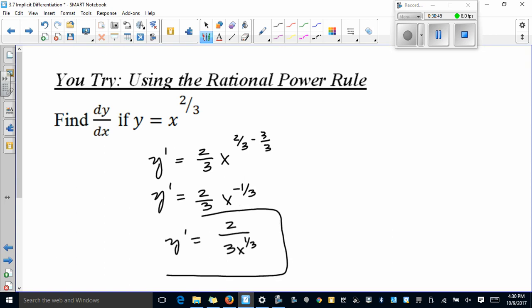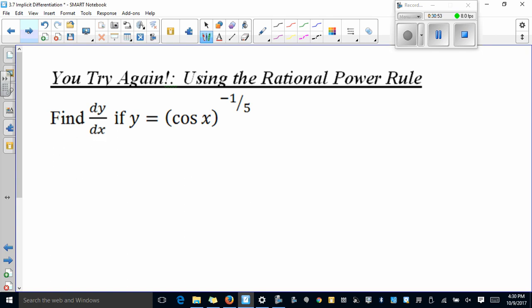And then this one is going to be the chain rule. They did the power thing here with the chain rule. So the derivative of the inside, cosine of x, gives negative sine of x. And then the derivative of the outside gives you negative 1/5 times cosine of x, and don't forget to subtract.